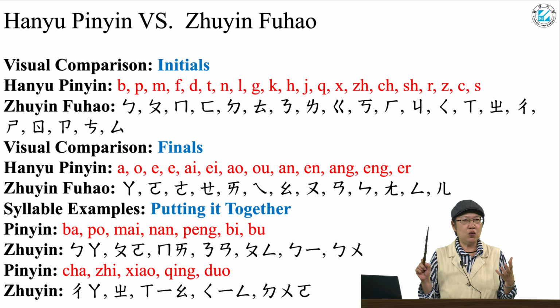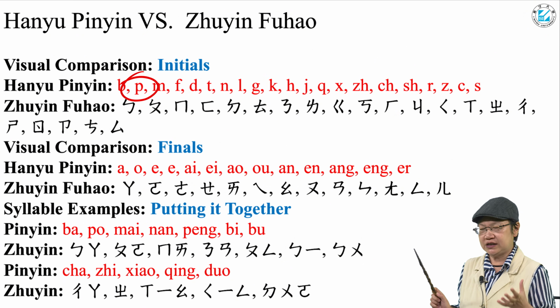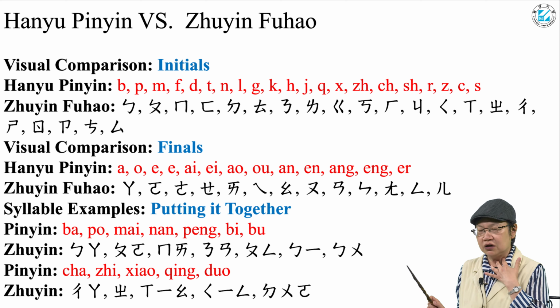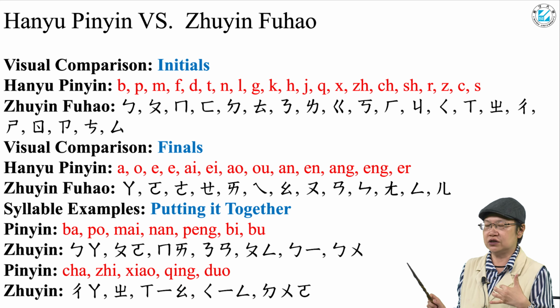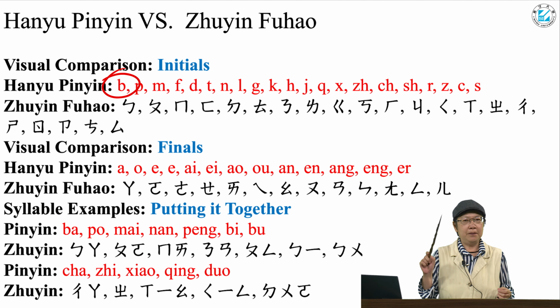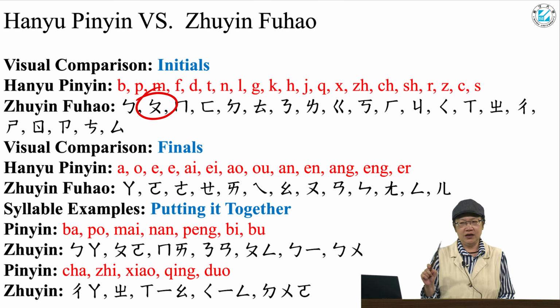However, the second one, P: actually in Chinese, we don't have voiced-versus-voiceless contrast. That means every sound has to be pronounced solely from the throat. So B stands for B, and P stands for P, so to speak.